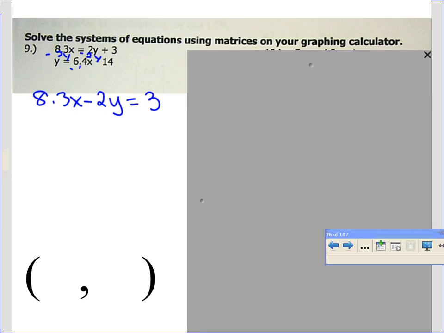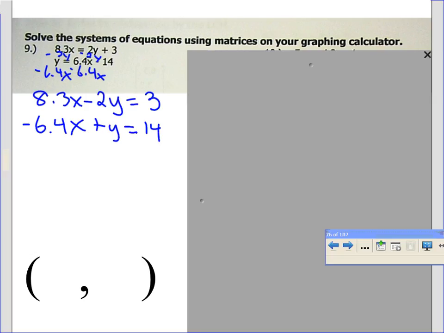Well? Yes. Since we're not putting it in correct standard form, we're just using the matrix, you're okay. Yeah, good question though. So negative 6.4x plus y equals 14. If we did multiply negative 1 by that whole thing, we're going to get the same answer.